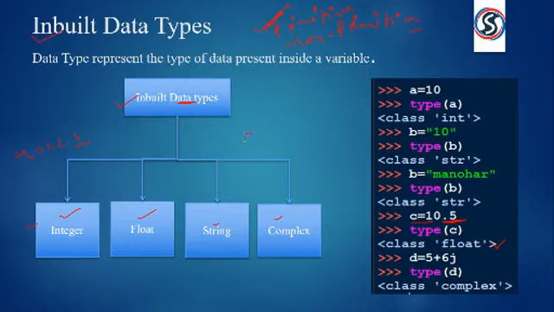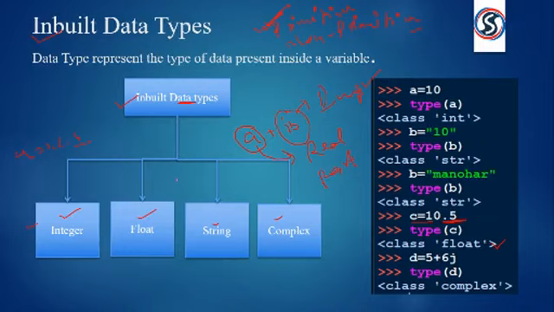Suppose I am writing here a + ib. Here a is your real part and ib is your imaginary part. So a complex number consists of a real part as well as an imaginary part.